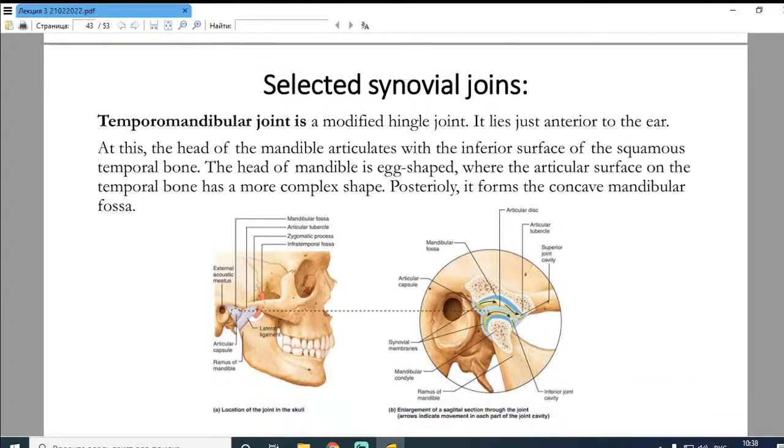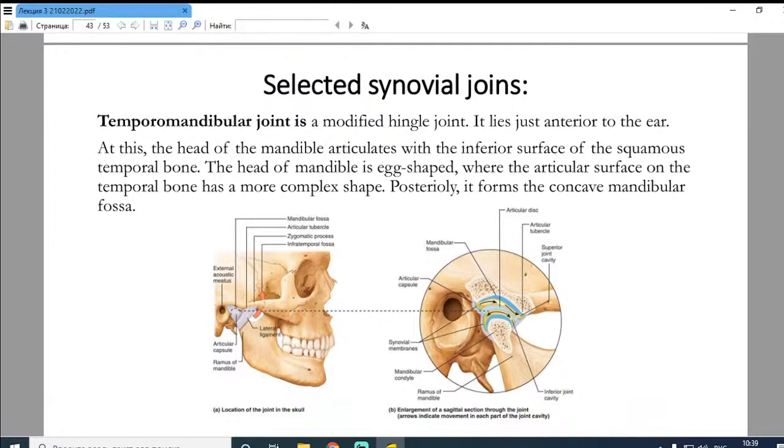Selected synovial joint, for example, the temporomandibular joint is a modified hinge joint. It lies just anterior to the ear.